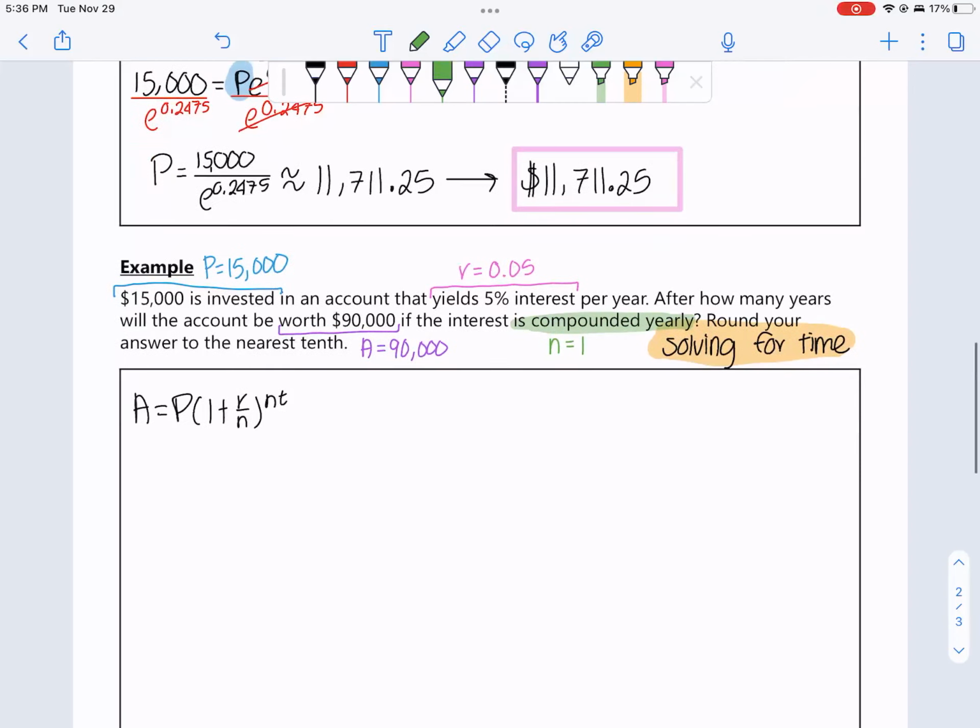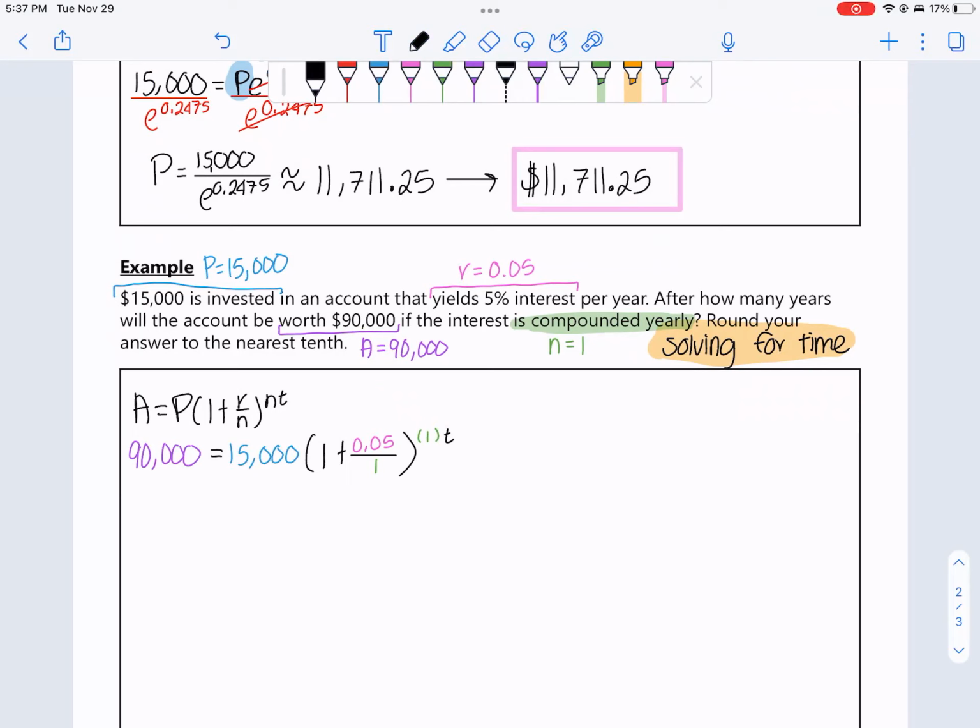So let's plug all of those numbers into this formula. We have 90,000 is equal to, our principal is 15,000, times 1 plus our interest rate 0.05 divided by n is 1, all raised to the n is 1, and t we are solving for.